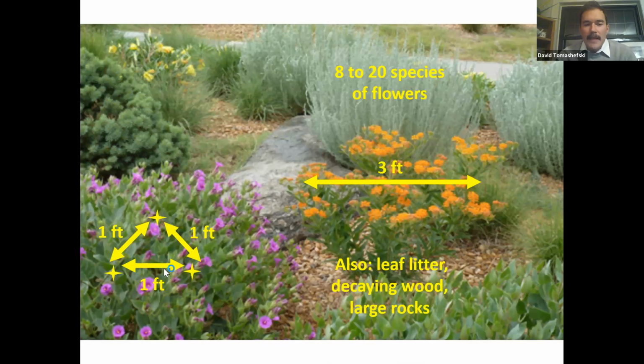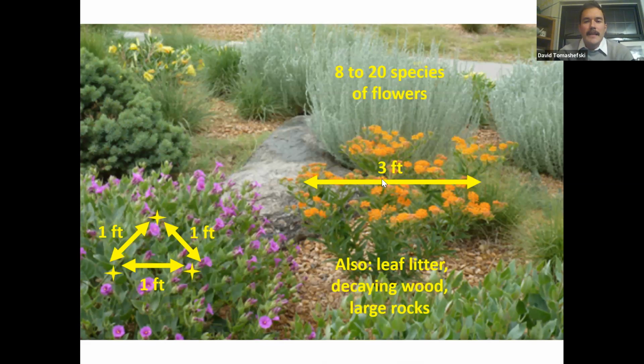So what's the advantage of planting your plants in a cluster like this? Well, you're speeding up the rate at which the flowers are going to form an obvious visual attractant to the pollinators. Research has shown that when your flower clusters are at least 3 feet in diameter, you are getting an extra boost in terms of attracting pollinators. 3 feet is kind of like the cutoff at which those pollinators can see the flower cluster from a distance and come flying over.